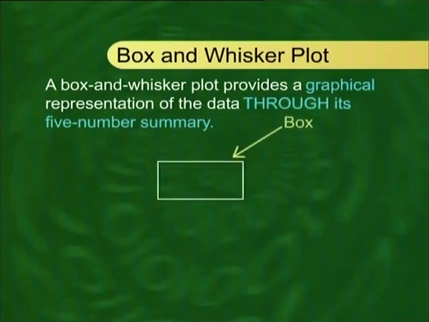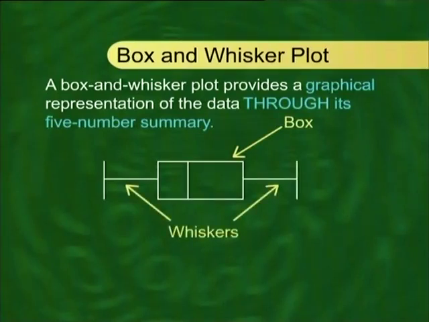The plot consists of a box which is partitioned inside by a vertical line, and also the plot contains 2 horizontal lines, one on the left side and one on the right, and these are called whiskers. So the box and the whiskers together constitute the box and whisker plot.